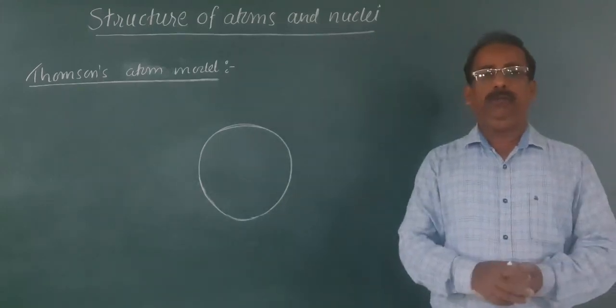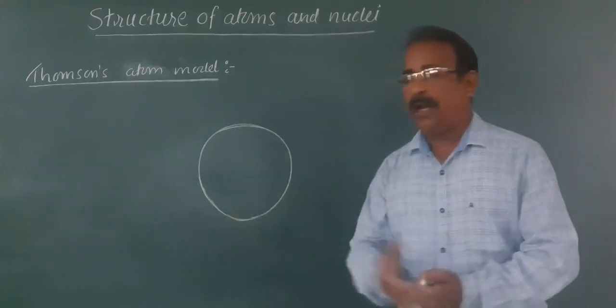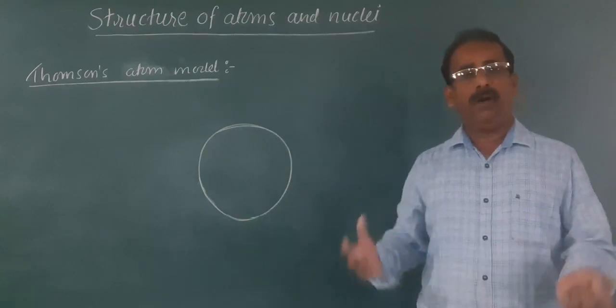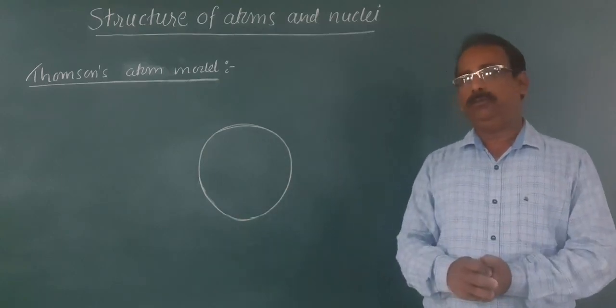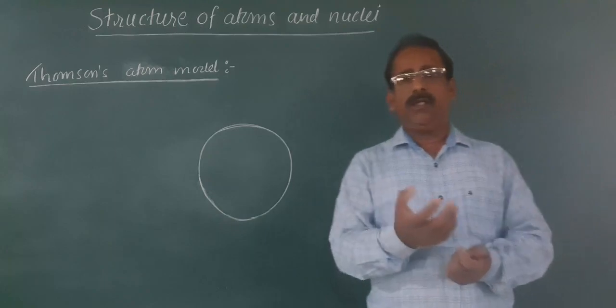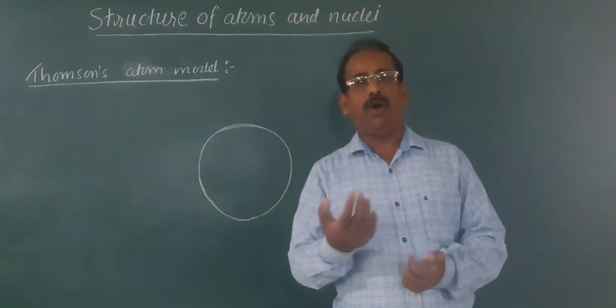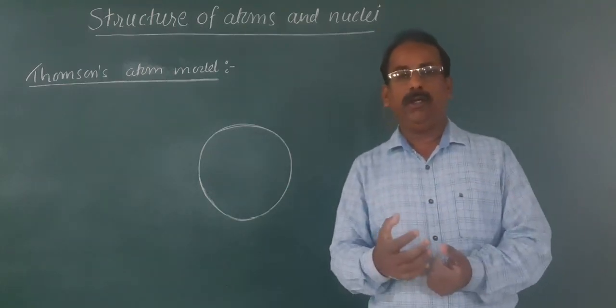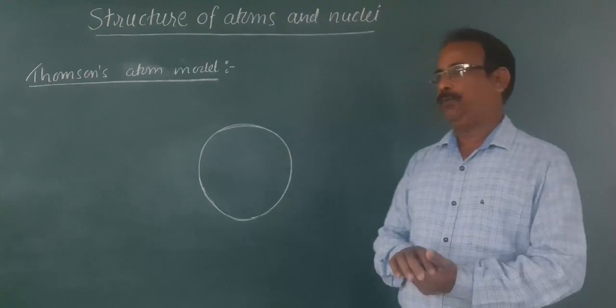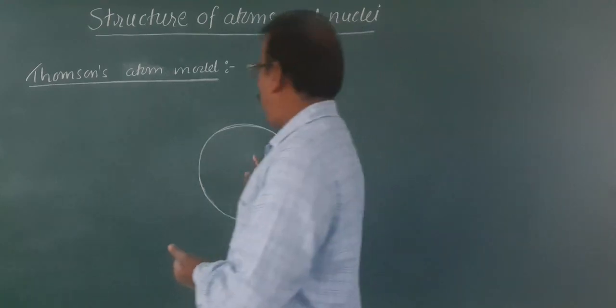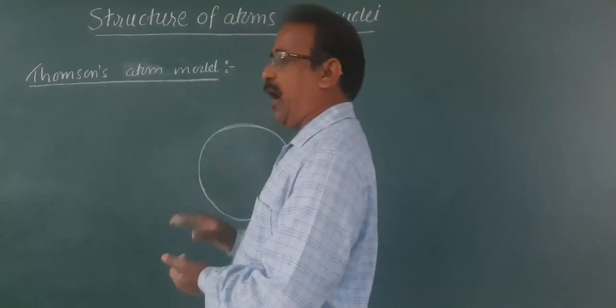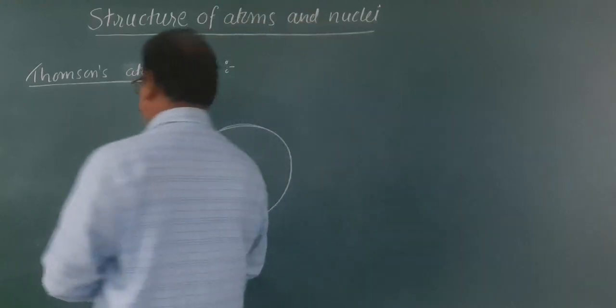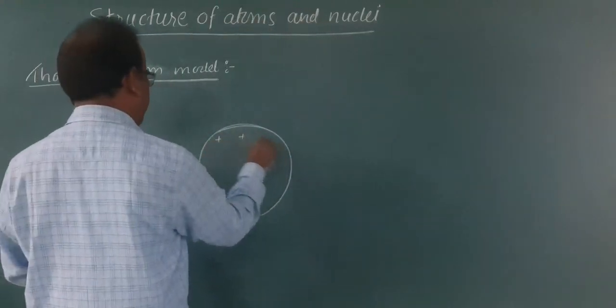According to him, the size of this atom, which is positively charged, is in the range of angstrom. According to him, this positive charge is distributed uniformly inside the sphere.